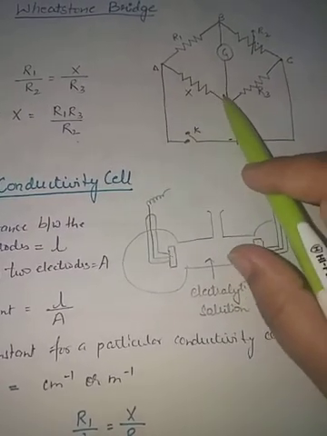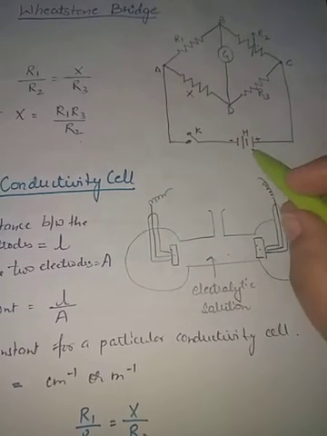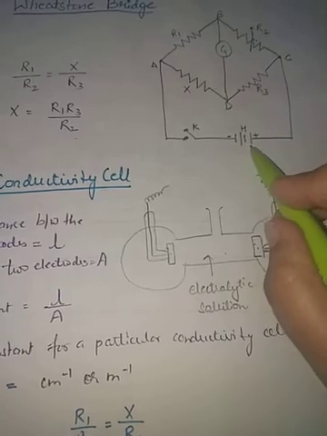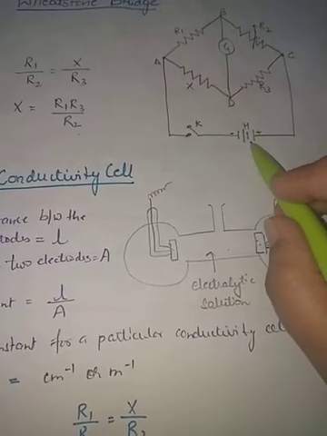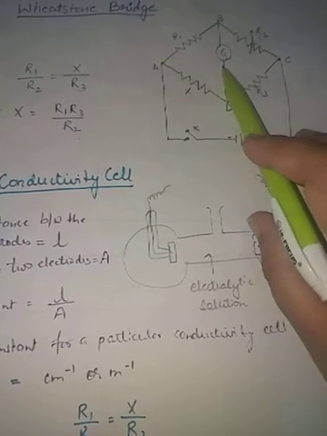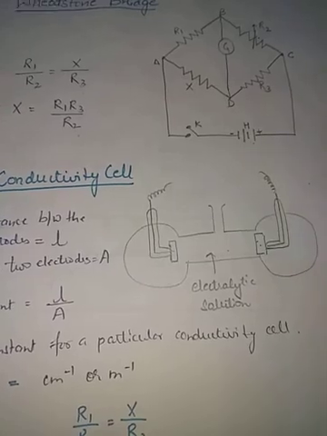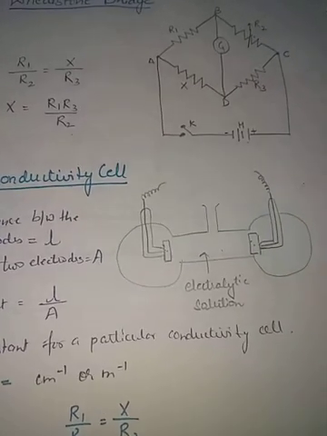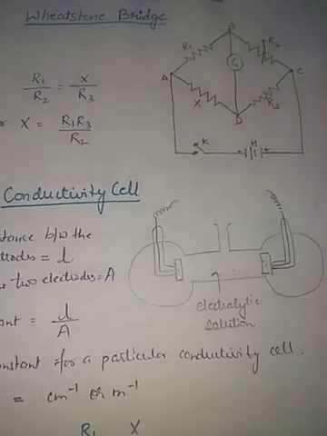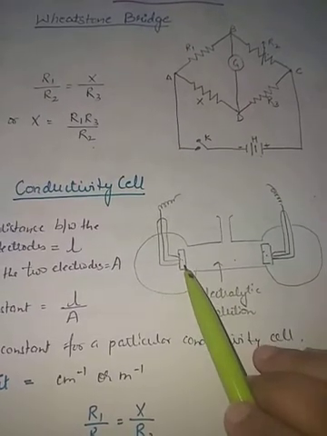So when the source of electricity was AC, the galvanometer was replaced by some other null point detector to avoid that polarization effect.